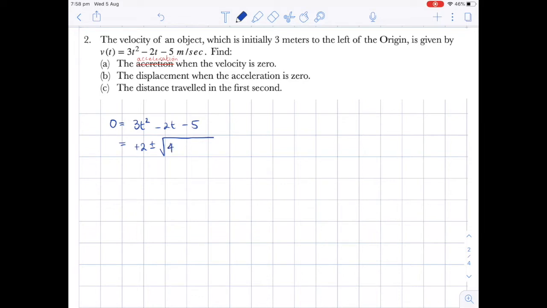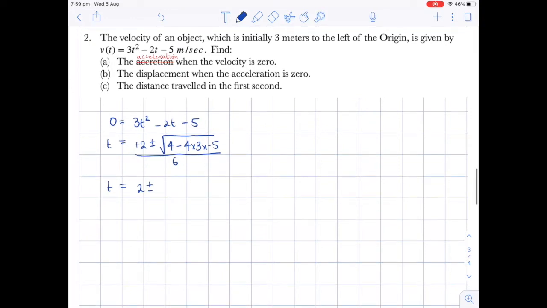So it becomes 2 plus or minus the square root of 4 minus 4 times 3 times minus 5, all divided by 6, which gives me 2 plus or minus the square root of 4 plus 60, which is 64, on 6, which is 2 plus or minus 8 on 6, which becomes 10 on 6, or negative 6 on 6, which is equal to negative 1.